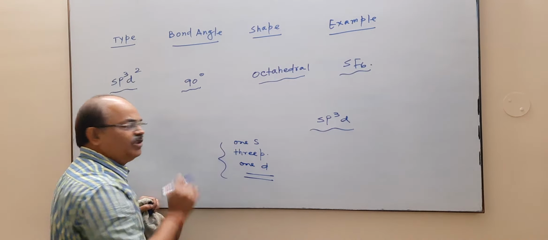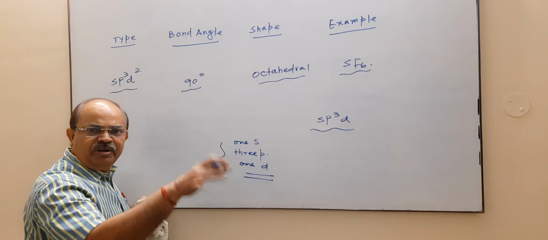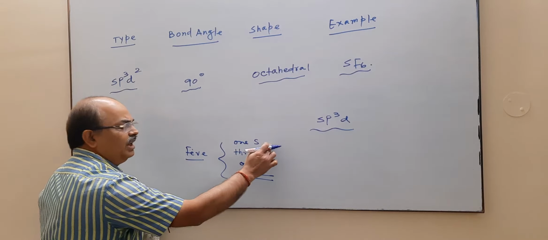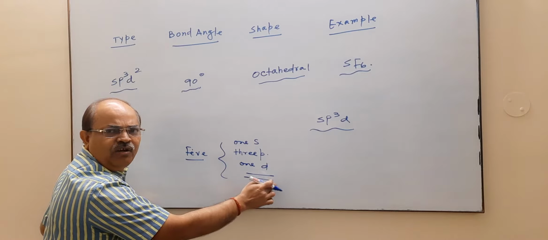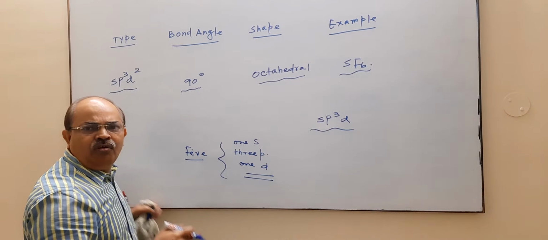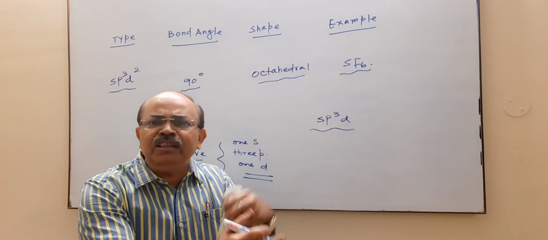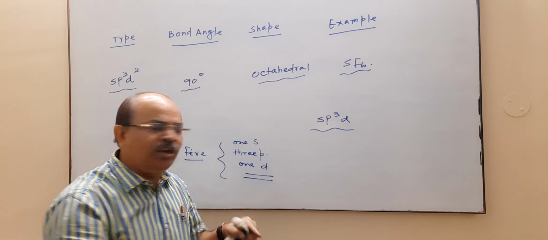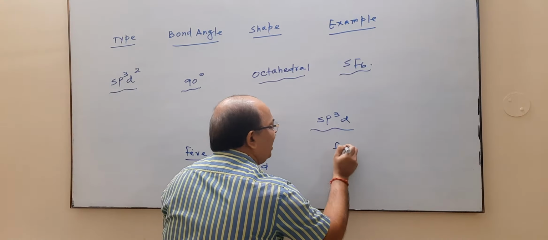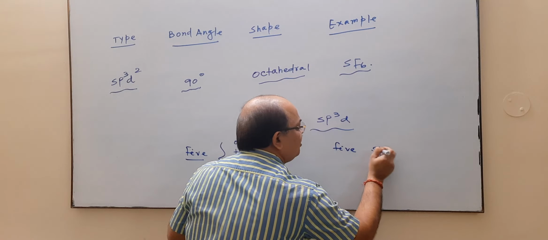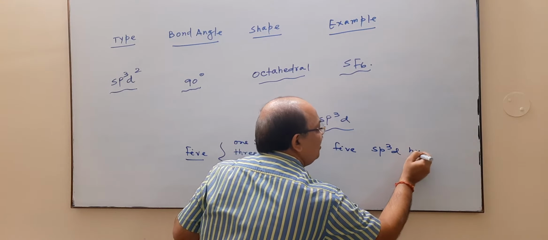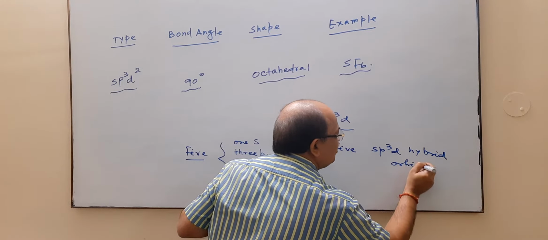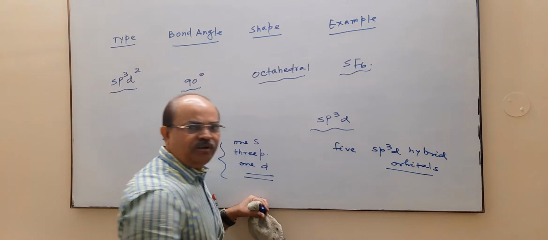Before hybridization how many pure atomic orbitals were there? There were 5 pure atomic orbitals: one s, 3p and one d. When they hybridize together, when they mix together, when they overlap together, then they will form your 5 sp3d hybrid orbitals.